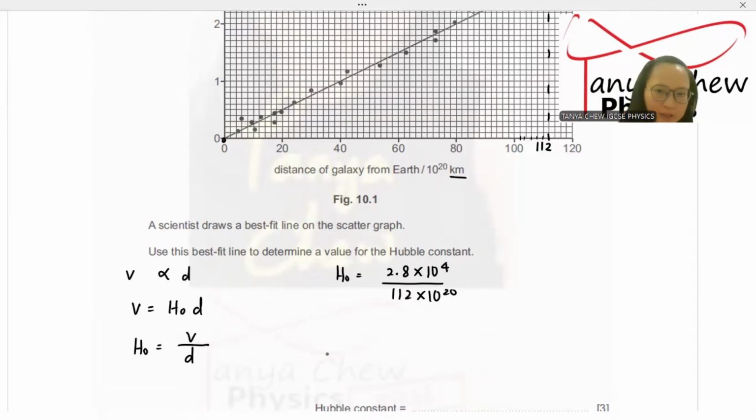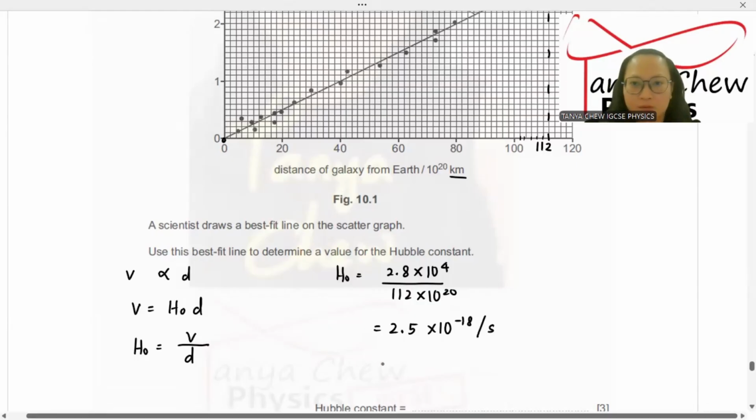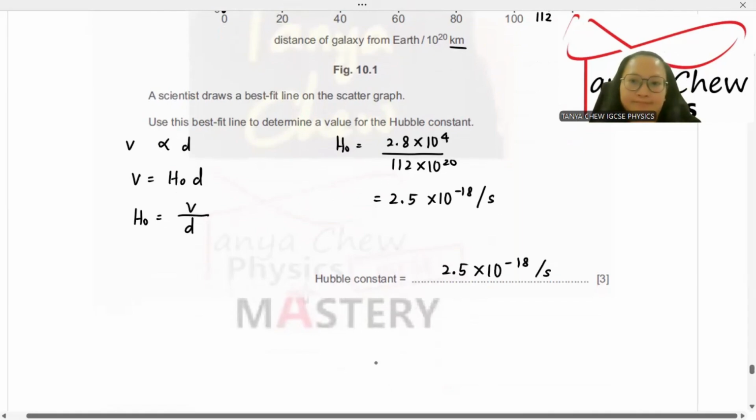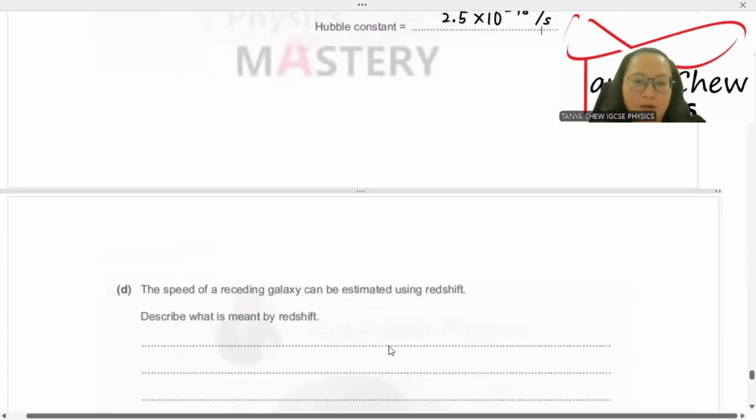So 2.8 times 10 to the power of 4 divided by 112 times 10 to the power of 20, I get 2.5 times 10 to the power of negative 18 per second. So the answer is per second, or second to the power of negative 1.